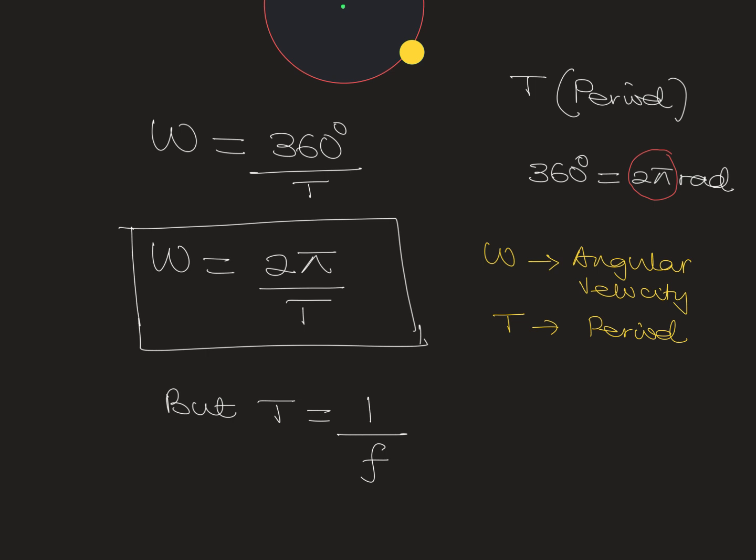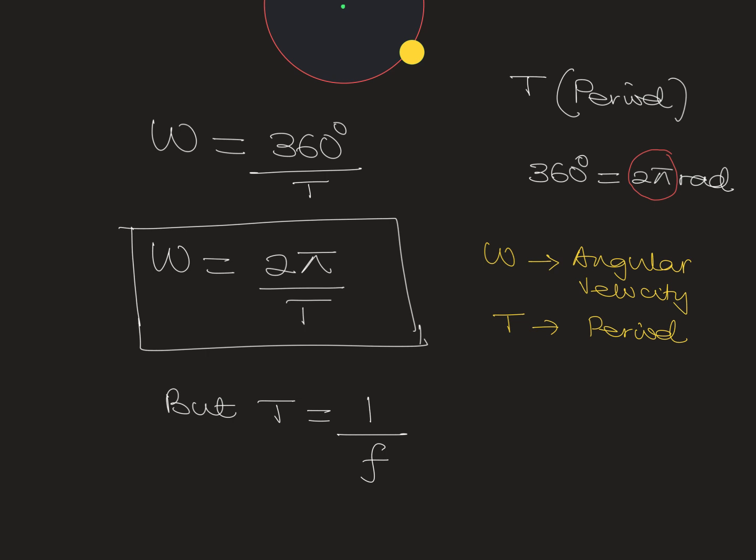So how many times has the object rotated or performed a revolution around the circle in just 1 second? That is called the frequency. All right, frequency is the number of times an object performs a complete rotation or a complete revolution in 1 second.